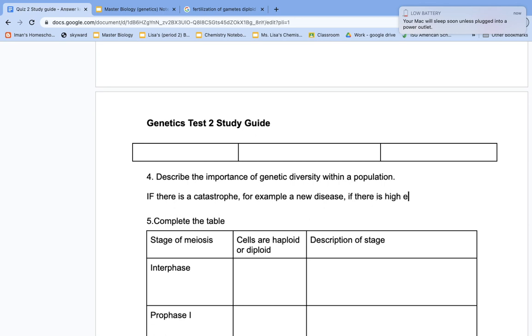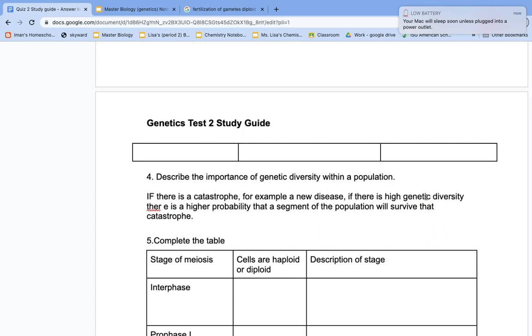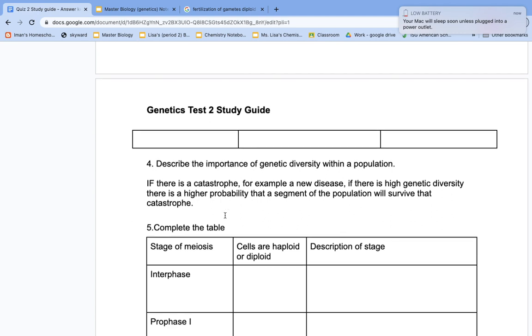If there is high genetic diversity, there is a higher probability that a segment of the population will survive.